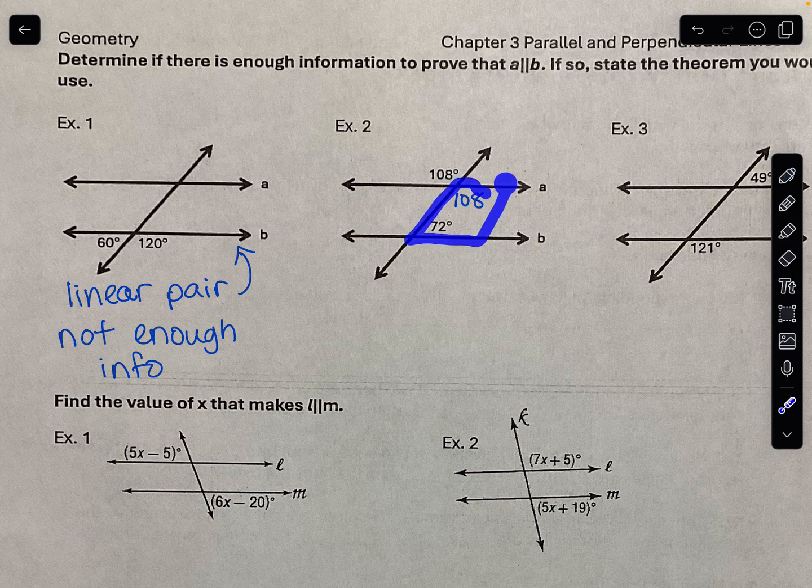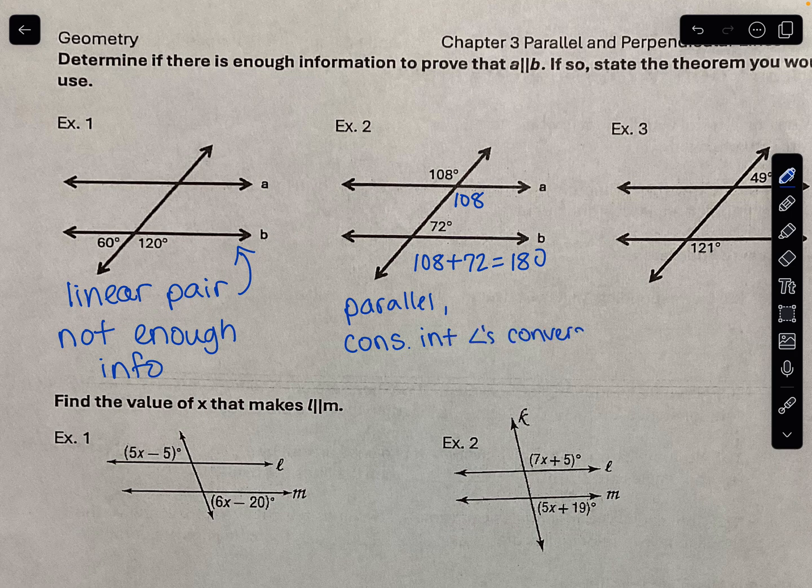Now do I have enough information? Yes, because what do I know? Consecutive interior. I know that 108 plus 72 is equal to 180. So I can say these are parallel by what, Austin? Consecutive interior. Good. Consecutive interior angles converse.